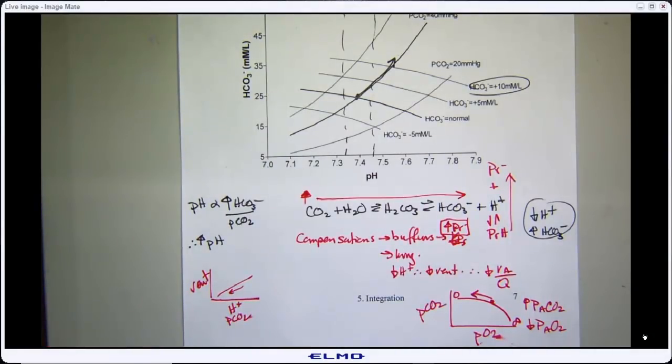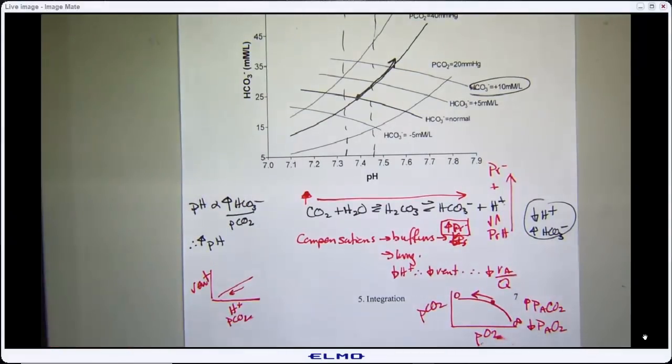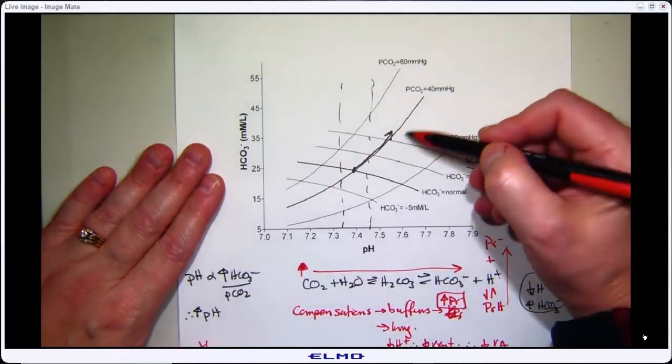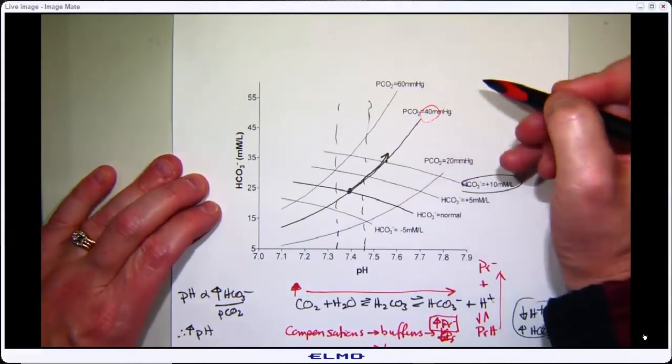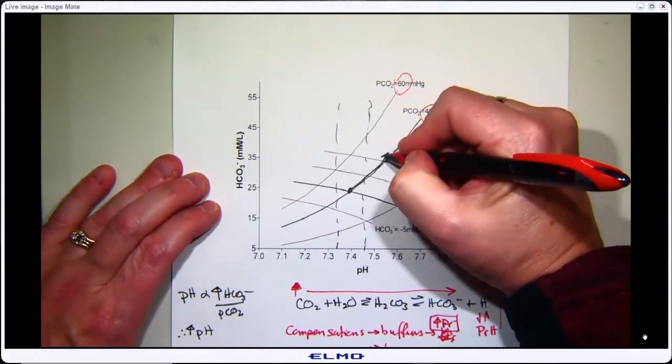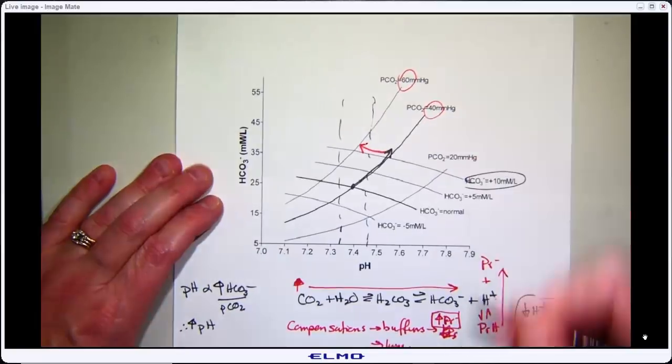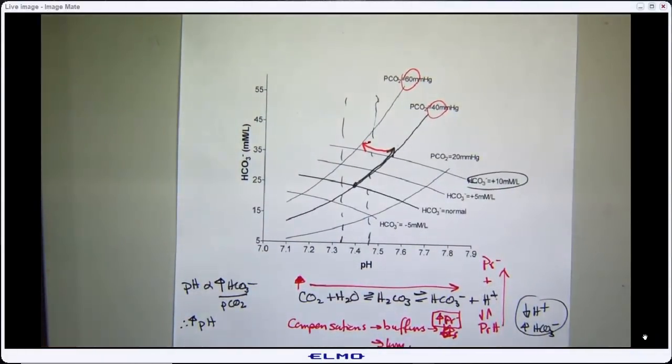To get hydrogen ion unhidden or unbound from the water form into carbonic acid and then into bicarb and free hydrogen ion, okay? So we increase CO2 from 40 millimeters of mercury to 60 millimeters of mercury, okay? So popping up this way to get ourselves back into the zone, okay?